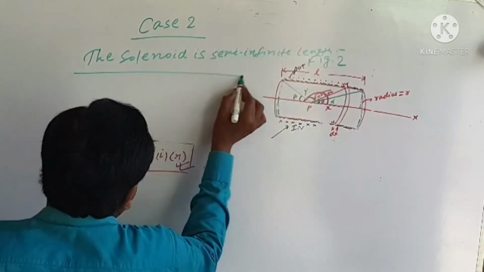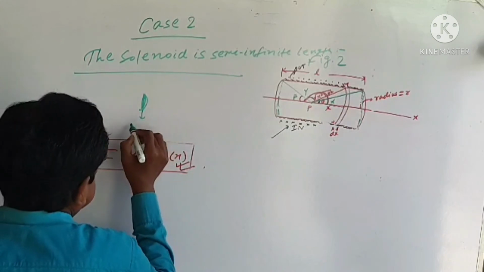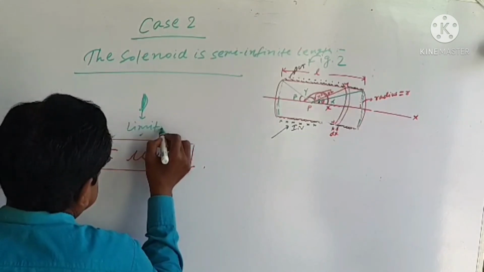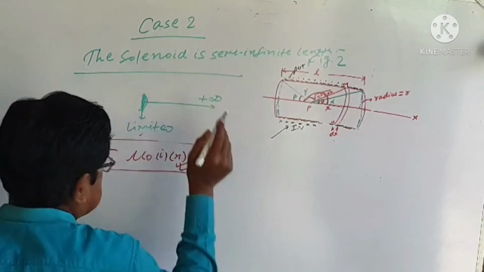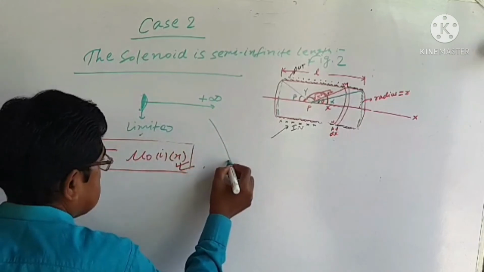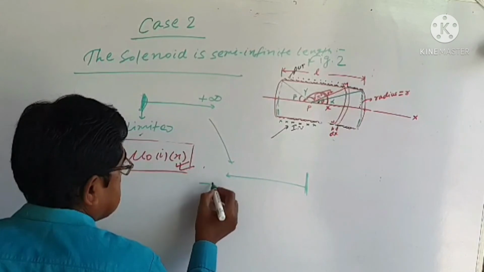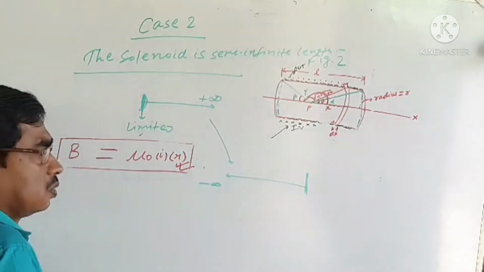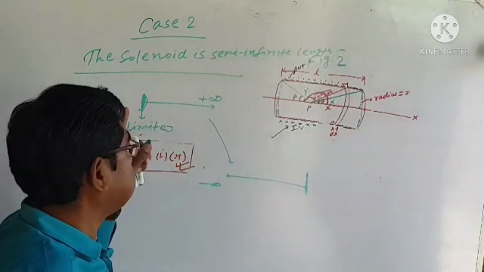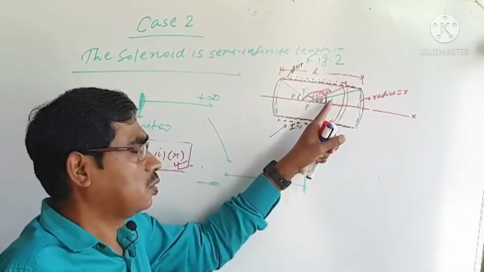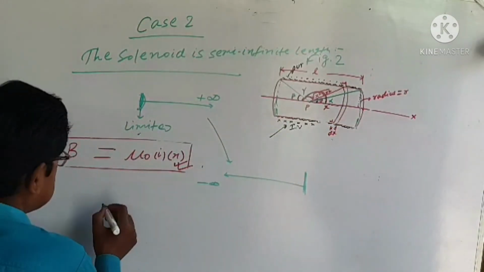What does it mean? It means one end is limited and another end is unlimited. Suppose this end is limited and this is unlimited. Then, if we consider this figure, alpha is equal to 0 and beta is equal to 90 degrees. So, what happens?